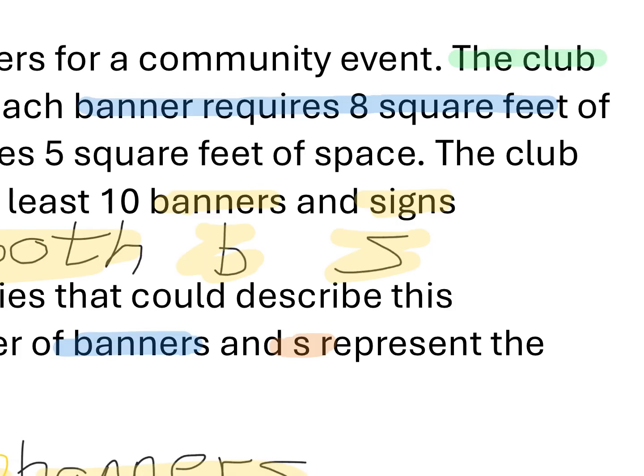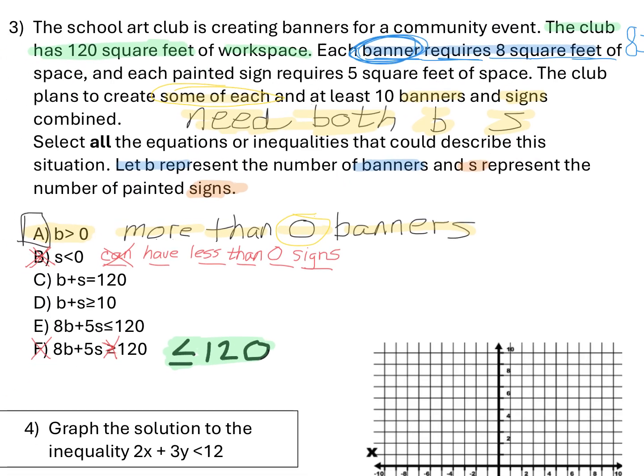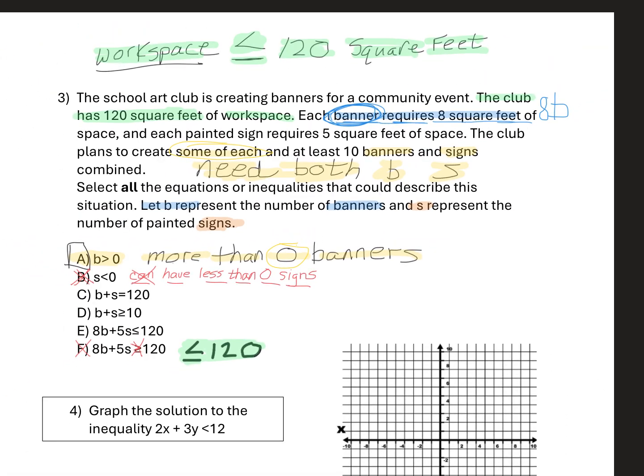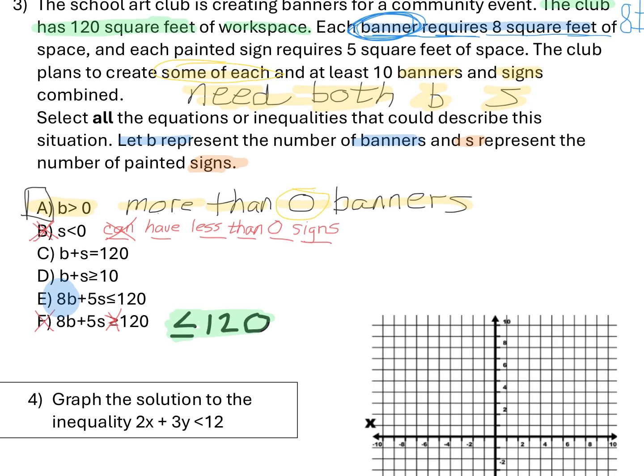Because it says that a banner requires 8 square feet, and we are using the letter B to represent banners, the square footage that we would use to represent the amount of banner square footage would be 8B, which does show up down here in this inequality. So this one might be correct.